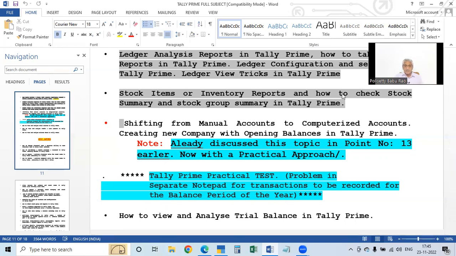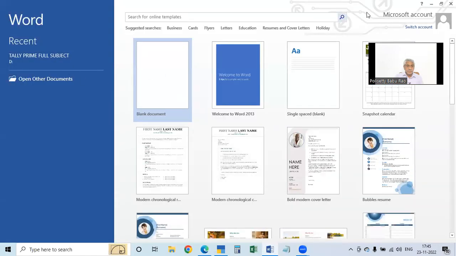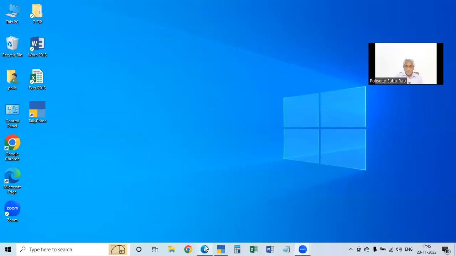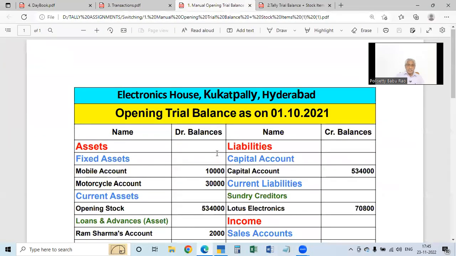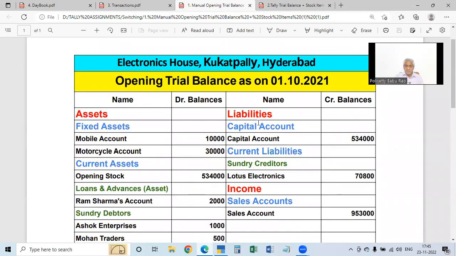Yesterday we took the closing trial balance of the last month. The opening trial balance on 1st October and the closing trial balance on 30th September are both the same.